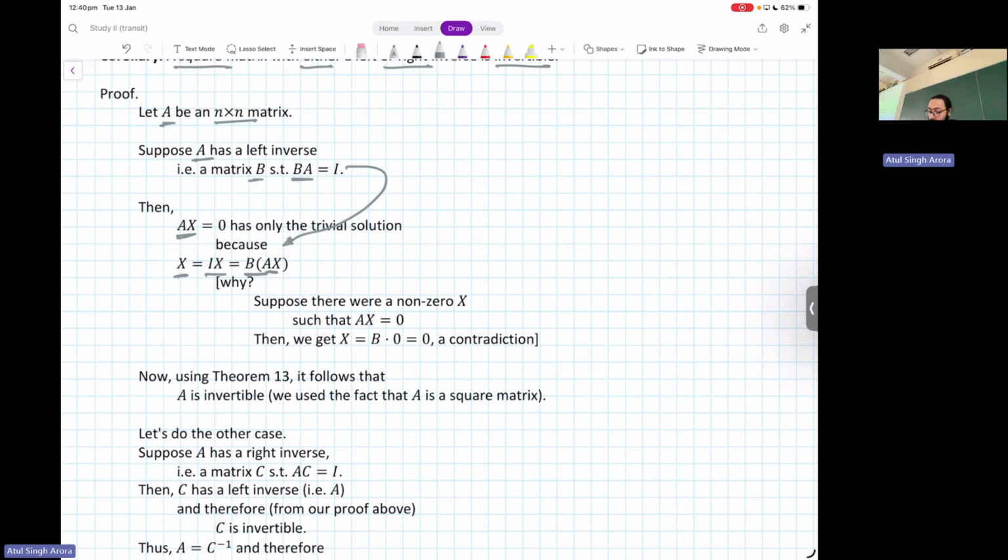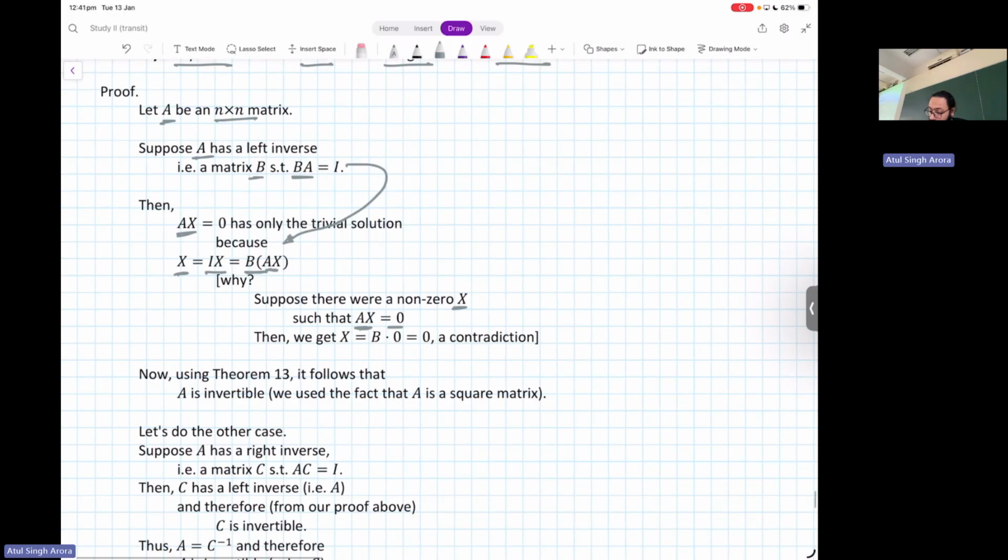Another point is that this will only have the trivial solution, because suppose there were a non-zero solution, such that AX equal to 0. Suppose for contradiction that there was a non-zero x such that AX equal to 0, then on the left hand side you would have x which is non-zero, and then on the right hand side you would have something which is 0, right? And that would give you a contradiction.